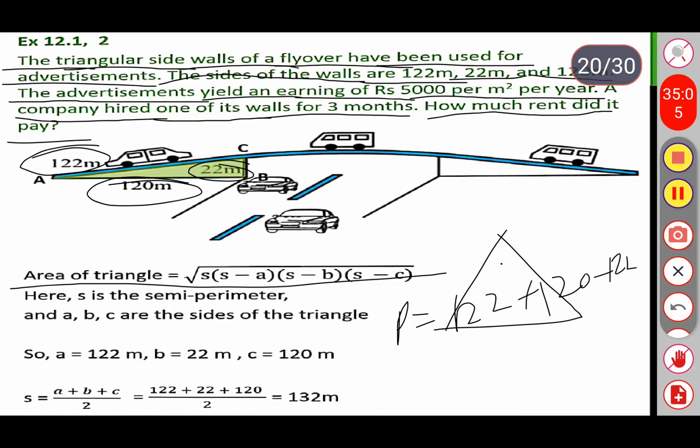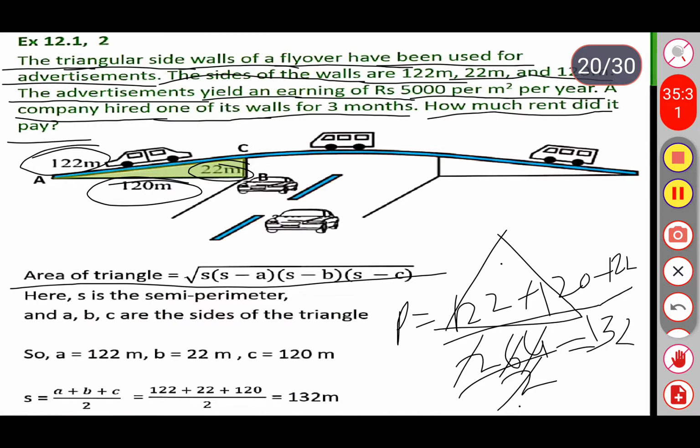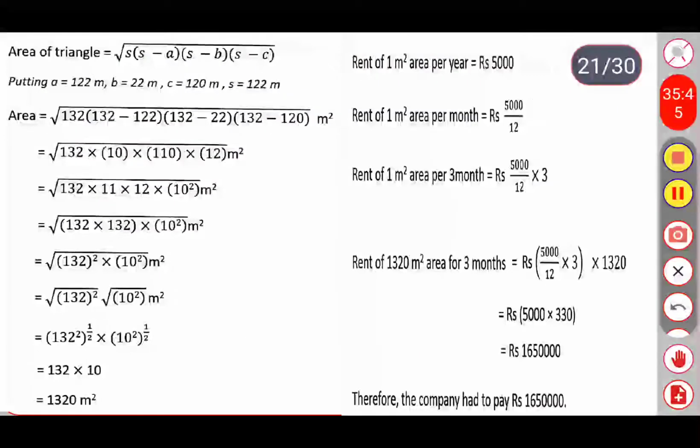What will you get? 122 plus 120 plus 22 is equal to 264. This is the perimeter, and for the semi perimeter just divide 264 by 2. You will get the semi perimeter: 132 meter.